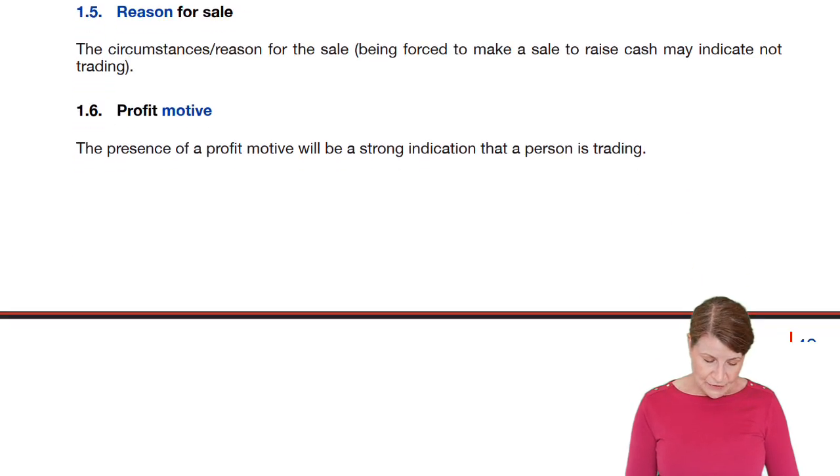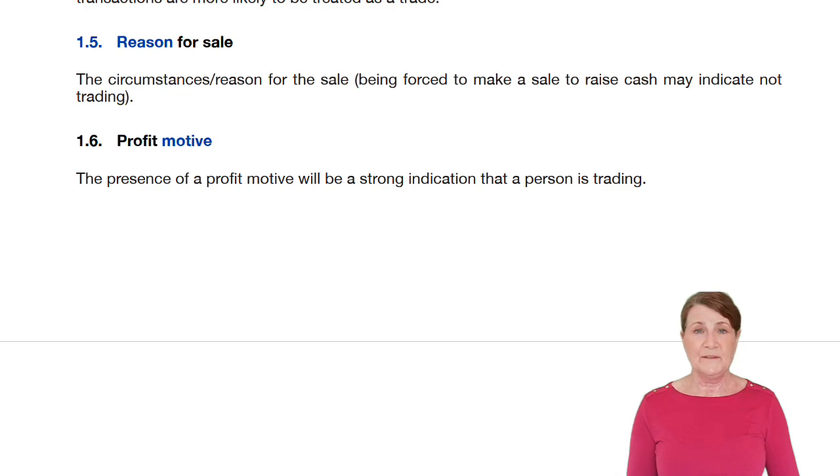The R in SOFIRM stands for reason for sale. Now, if you sell something and you make a profit, but you've got a genuine reason for selling that asset because you need to raise money for a particular purpose, for example, let's say a family member needs some very expensive medical treatment, and you decide that you're going to sell this asset and raise the money to pay for the medical treatment.